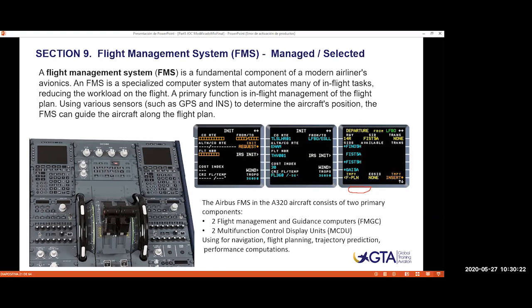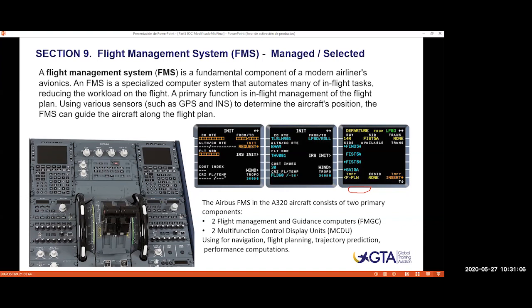If it automates the flight tasks, the result is a reduced workload for the flight crew. The primary function of the FMS is to manage the flight plan. How is it going to manage this flight plan? With the many sensors it has, such as GPS and inertials. With these sensors, we can determine the aircraft position, and the FMS is going to give me information on exactly where we are.